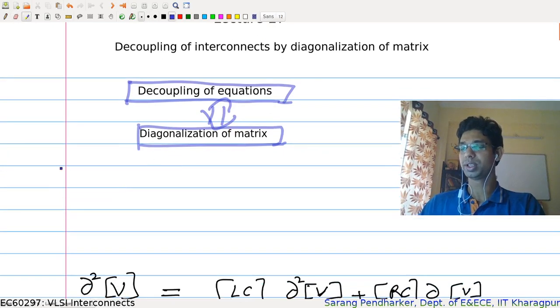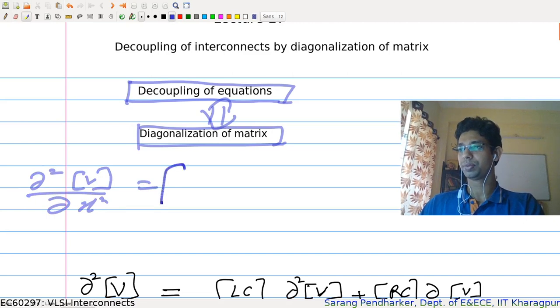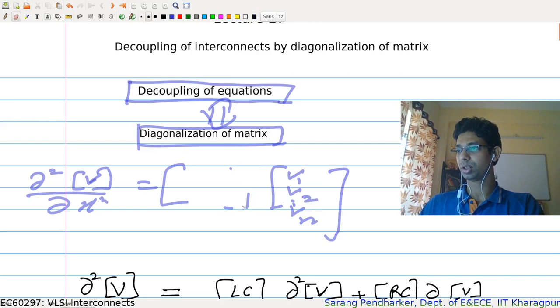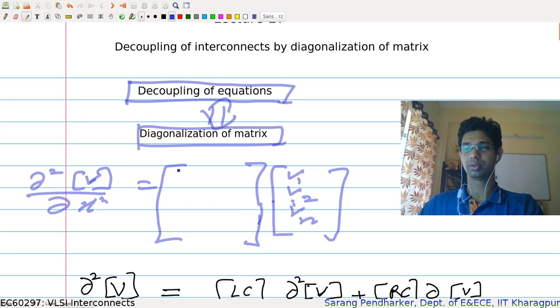What it means is basically that if I have some operation on this, say P, if I have a matrix like this, and V is a vector, V1, V2, and going on to N in general, I can have all the coupling represented in the form of a matrix.